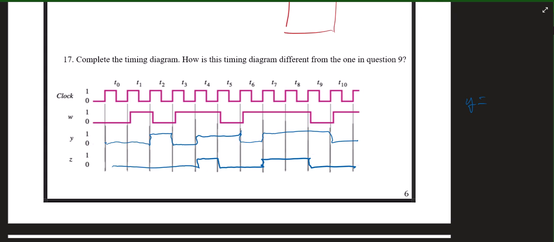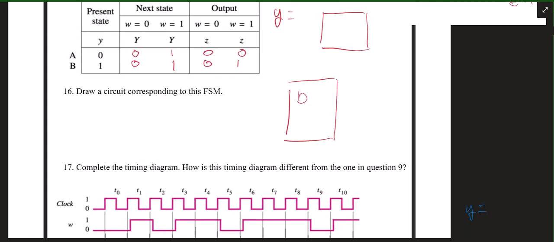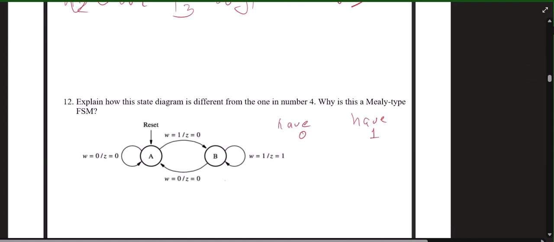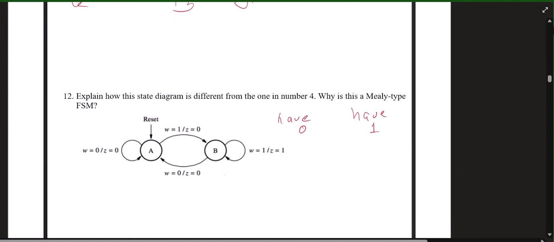Okay, so are there any questions? Yes. Can you explain again for number 12, how you know the Mealy? Okay, so if you look at the diagram for number 12, you see how inside the circle I don't have an output?